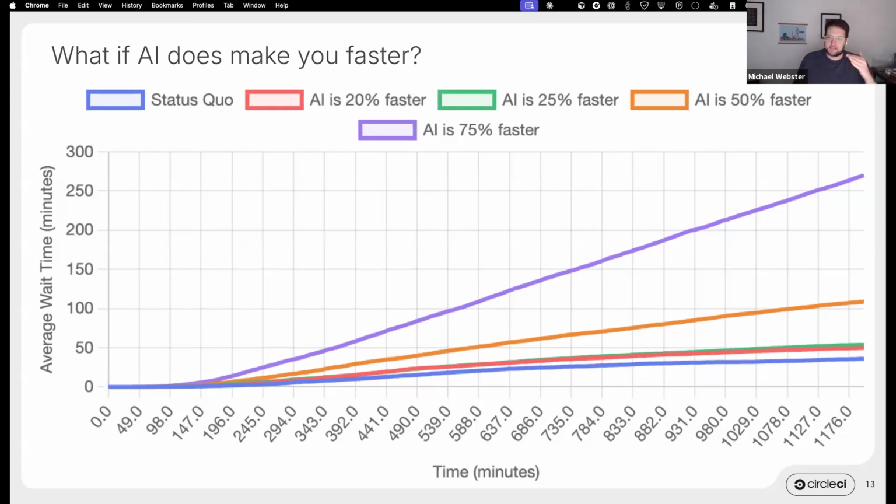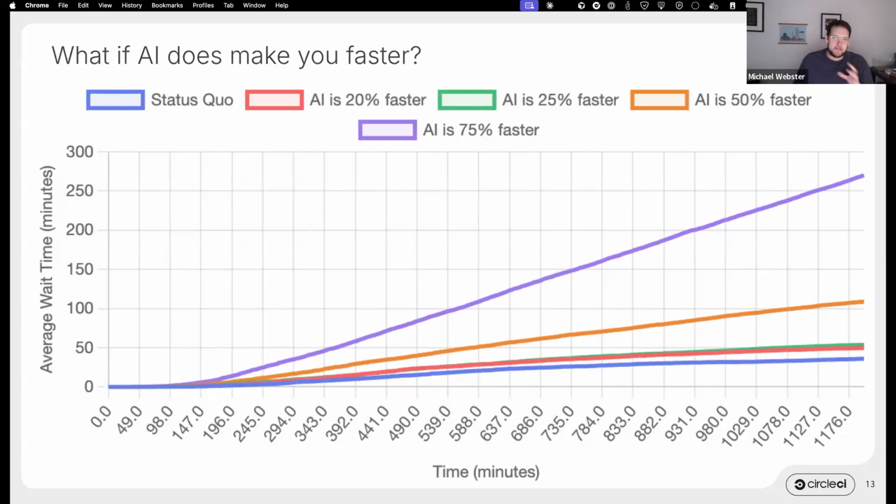Then we ask, what if AI makes the speed of that software faster? Under various scenarios, what you start to see is it doesn't take much of a speed increase to really swamp your delivery process. With AI just being 20% faster, if you keep that 60-minute time, you start to see separations over time. For the simulation, we did a 24-hour period: what would a day in the life look like if you worked at this rate?